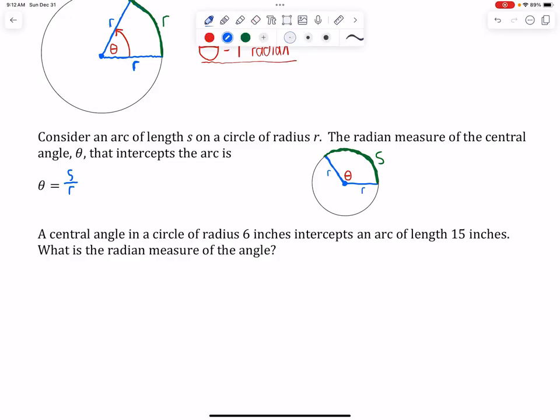So thinking of that formula, to find our radian measure, we take the arc length, which this problem tells us is 15 inches, and we divide that by the radius, which is 6 inches. 15 divided by 6 is 2.5. So here our angle in radian measure would be 2.5 radians.